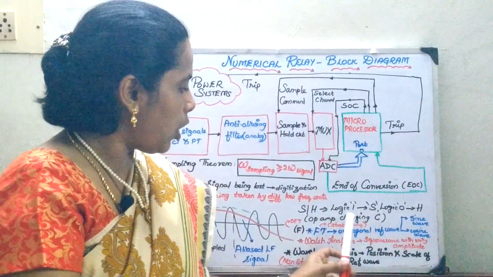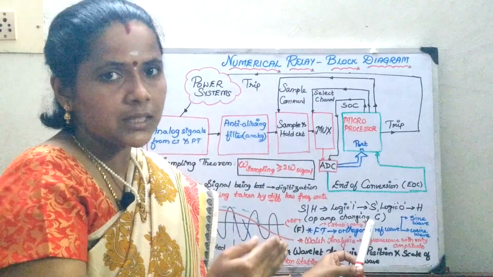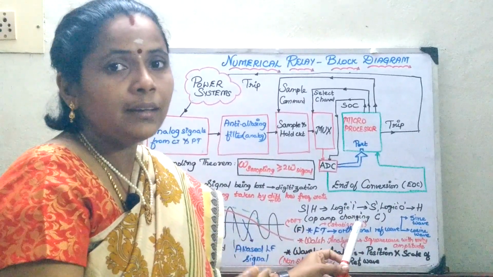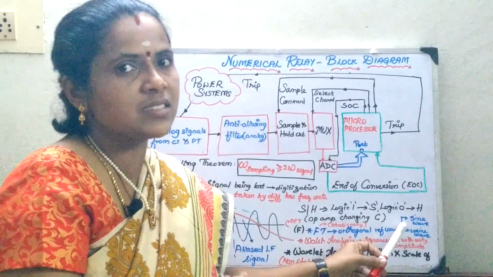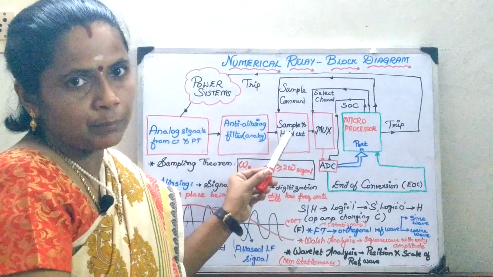It is nothing but an op-amp which charges a capacitor during the logic 1 mode, and during the logic 0 mode, it just retains that value, whatever the sampled signal is.